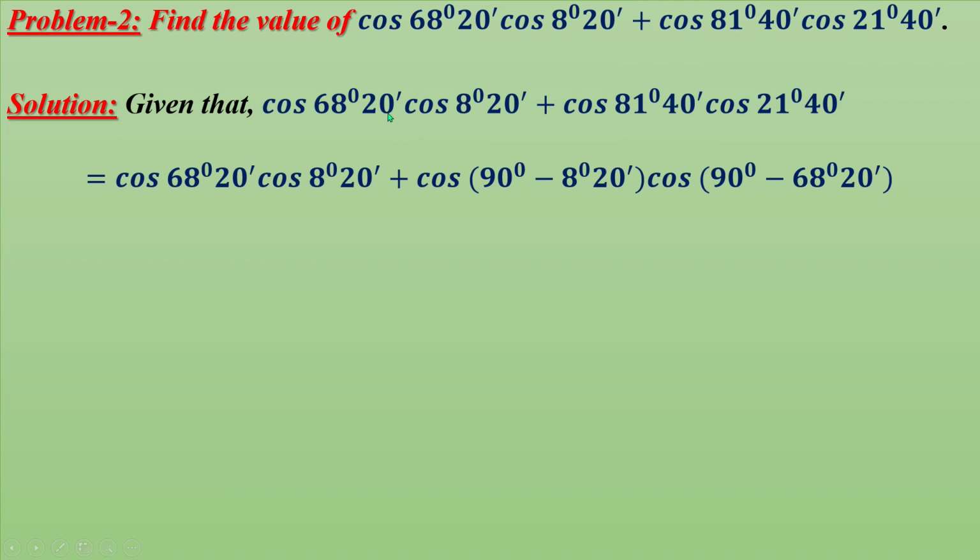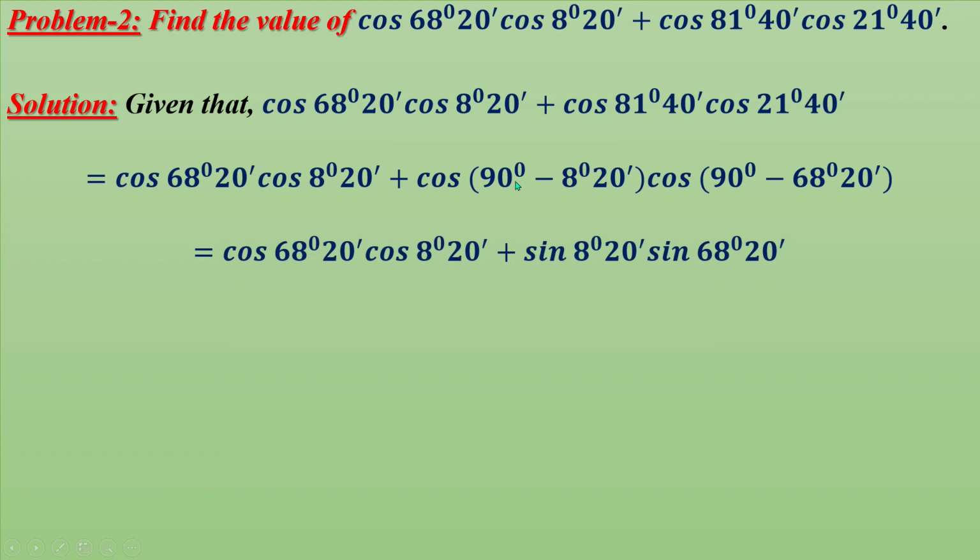That means this. Okay. Now this fixed, this equals, we can write sin 8 degree 20 minute, and here also sin 68 degree 20 minute, because here is 90 degree, that means number of right angle 1, so cos will be sine, here also cos will be sine, and this type of math we have already solved.